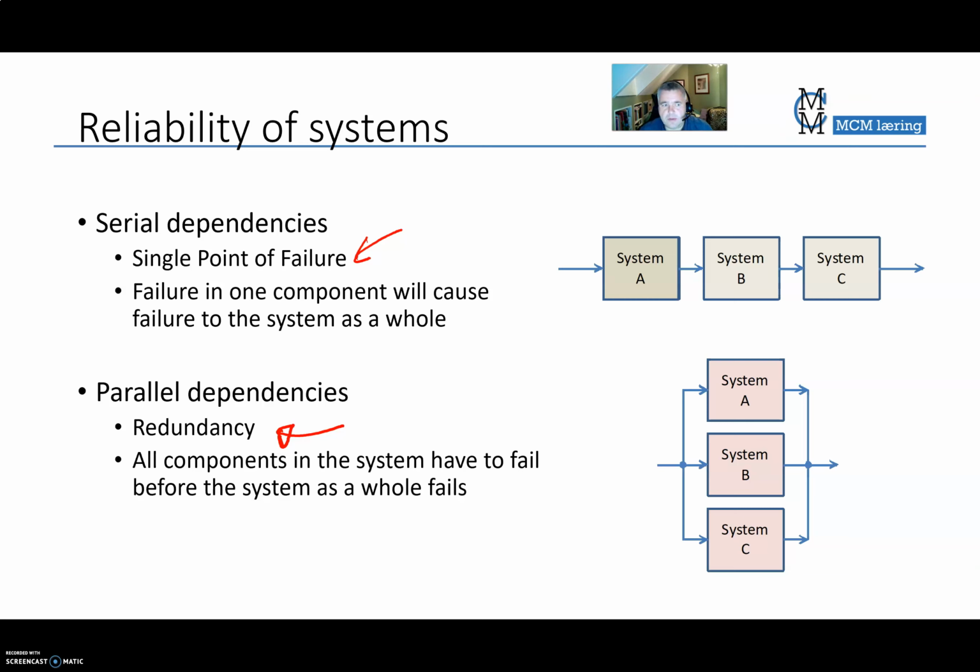So that would also be a parallel dependency. But what about the wing? What if one wing falls off? Well, that would be a serial dependency, because the whole plane would fail if one wing were to fall off. So how do we calculate the overall MTBF of such systems?